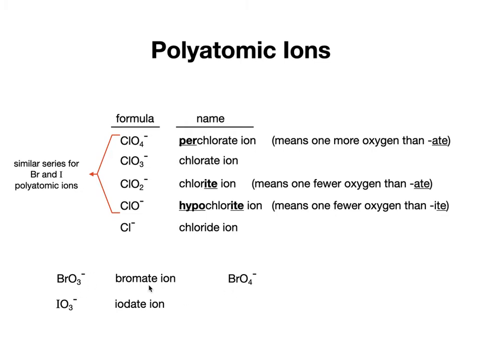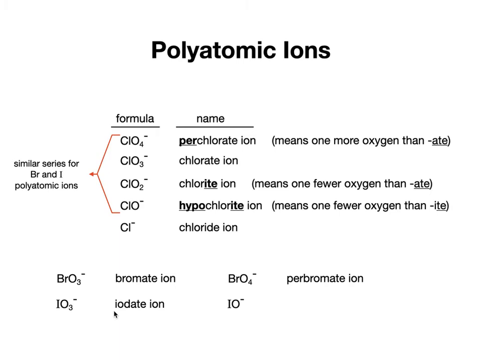This is bromate. What's the difference here? One more oxygen. What would that be? Perbromate. That's the perbromate ion. We've got iodate. What do you think this would be? If IO3 minus is iodate, what would IO2 minus be?